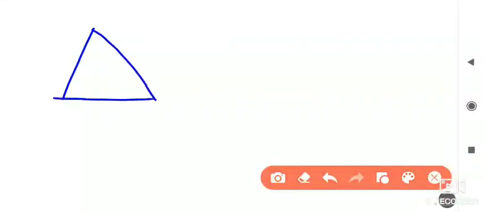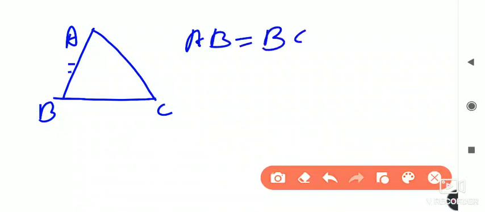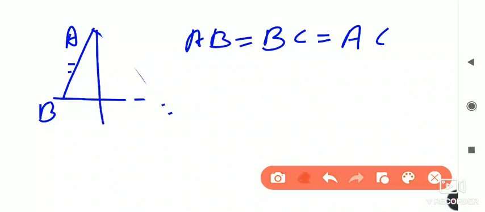This is my triangle ABC, and it is an equilateral triangle, means AB is equal to BC is equal to AC. You draw the angle bisector for this, and then show that these two triangles are congruent to each other. Then, as you know, the base angles are congruent to each other, and afterwards we have to show the rest. You can also try your own method, no problem.